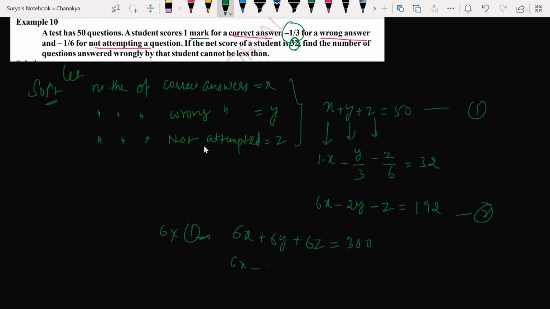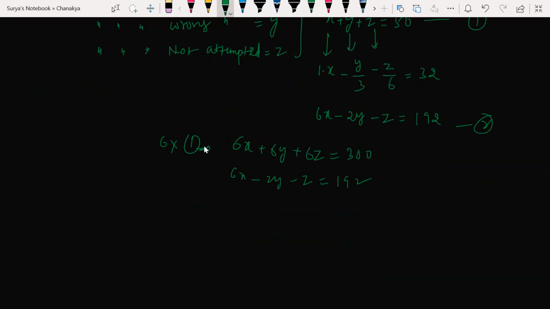And 6x minus 2y minus z is equal to 192. Subtracting this, minus plus plus minus, so 8y plus 7z is equal to 108. Correct?